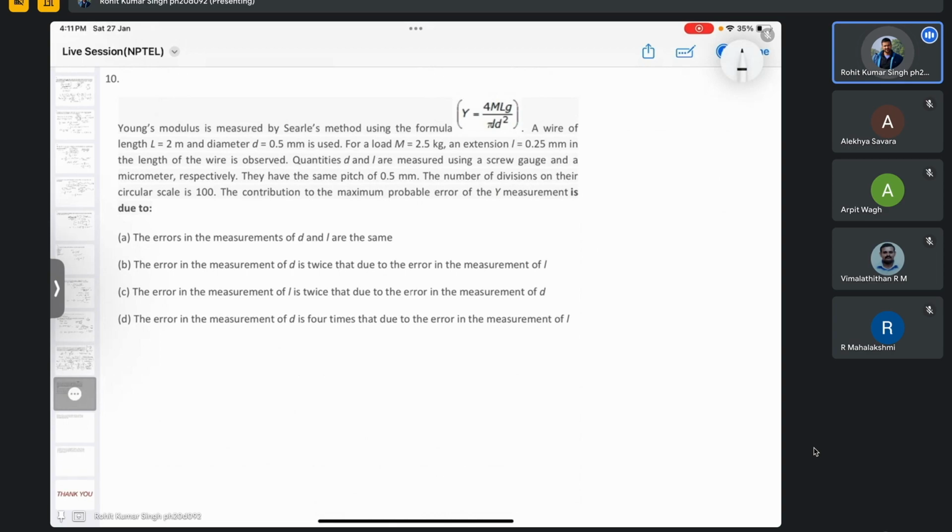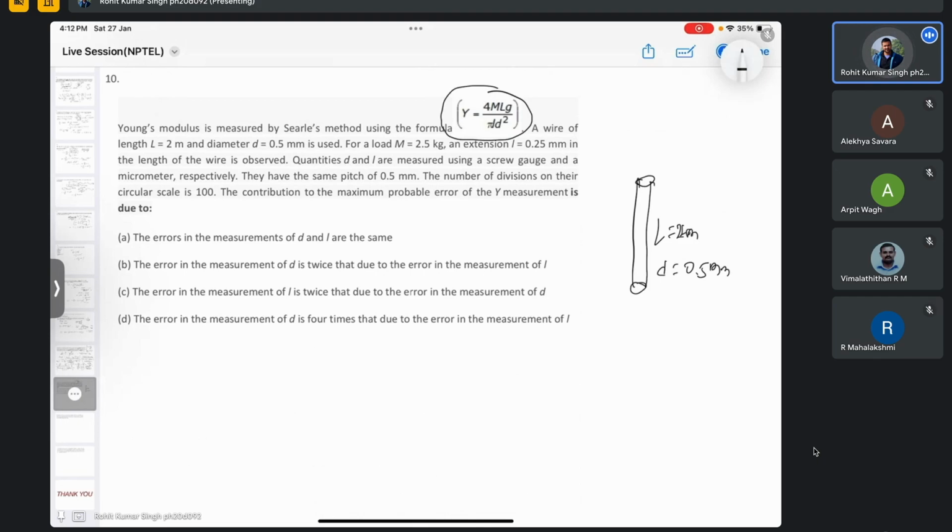So Young's modulus is measured by Searle's method using this formula. Okay, a wire of length L equal to 2 meter and diameter D equal to 0.5 mm is used. So basically you have a wire. Its length is L, 2 meter, and it has a diameter of 0.5 mm.